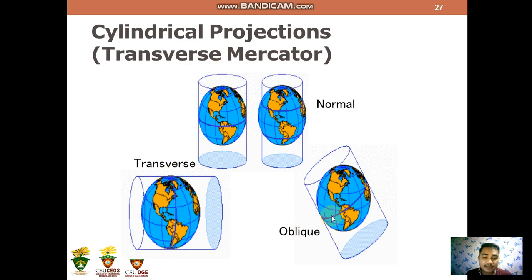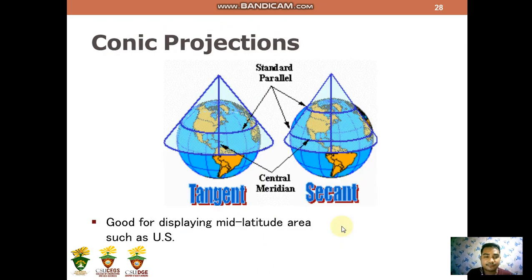And oblique means tilted, from the word itself. It still touches once, but it is across the meridians and parallels. That's it.